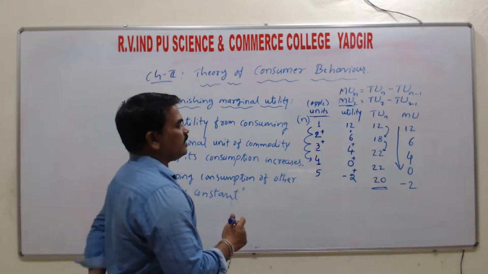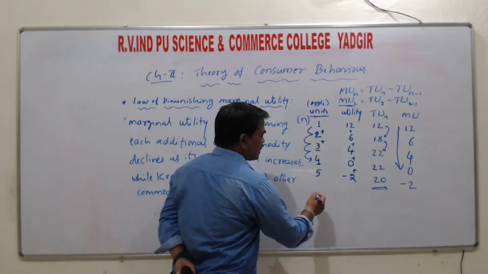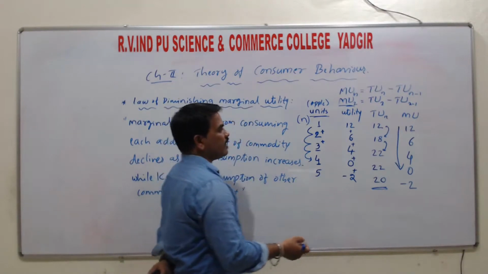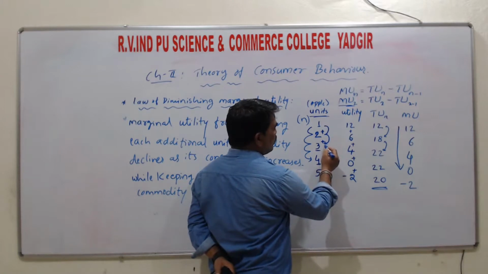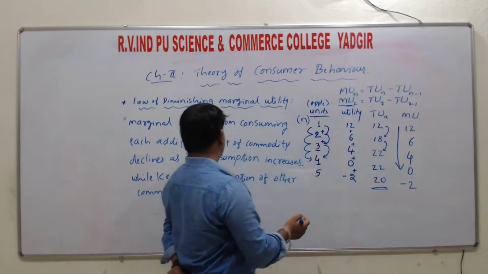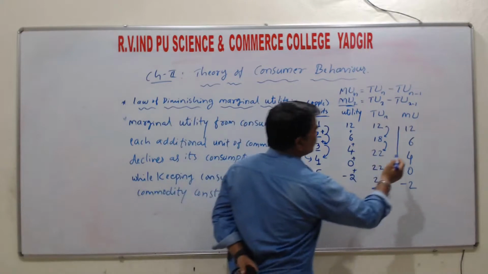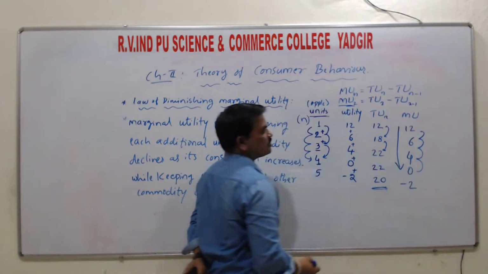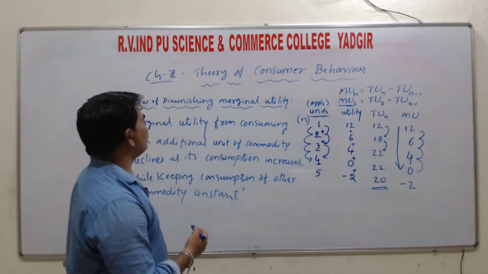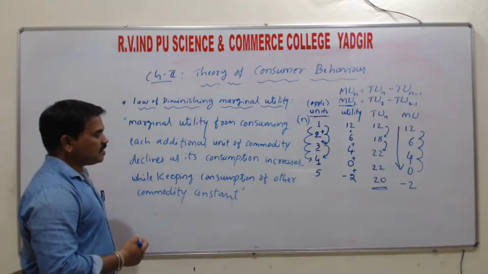So that we explained with an example, the kid having a slice of bread. When he starts having more bread, the utility, the satisfaction level started decreasing. Correct? So that is the law of diminishing marginal utility.